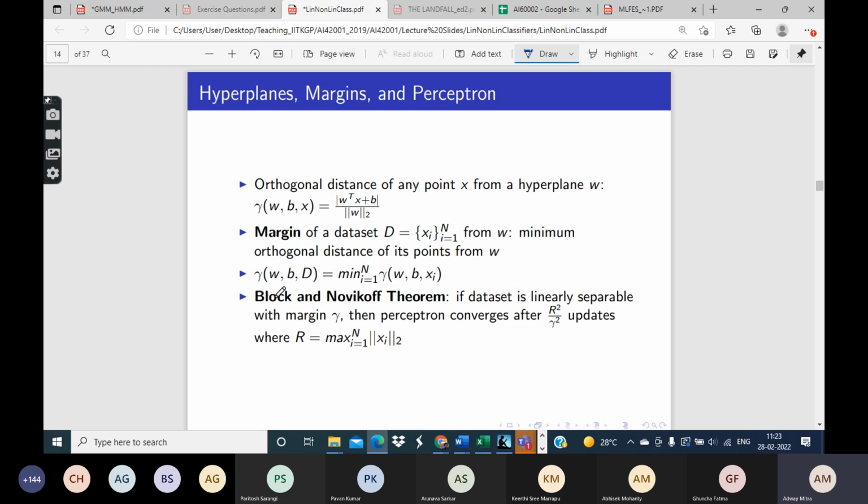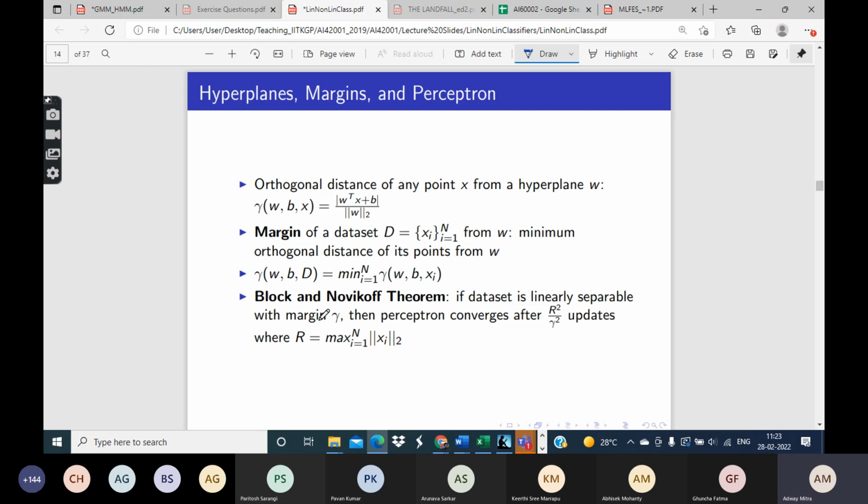There are certain guarantees which basically say that if the dataset is indeed separable, then after a finite number of steps, or a bounded number of steps, the perceptron algorithm will indeed converge, and it will give you a linear structure which separates the two classes.